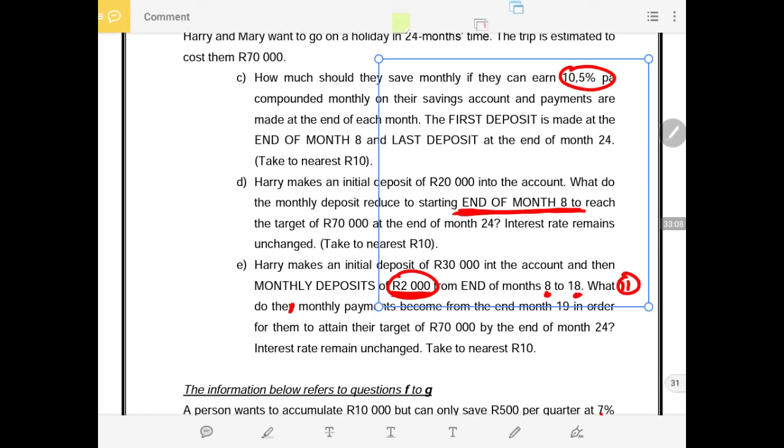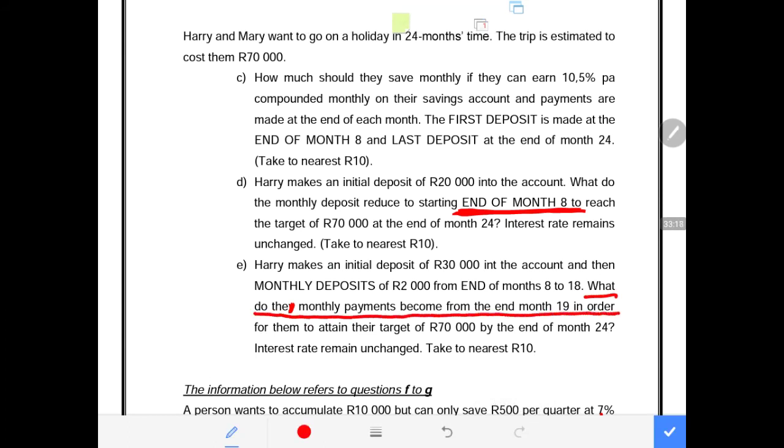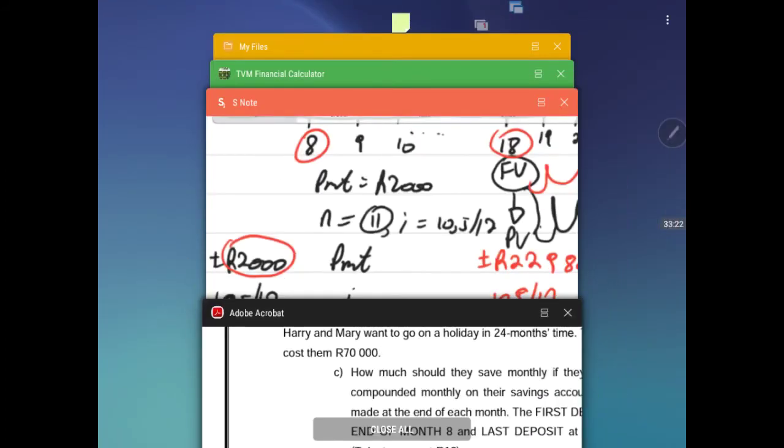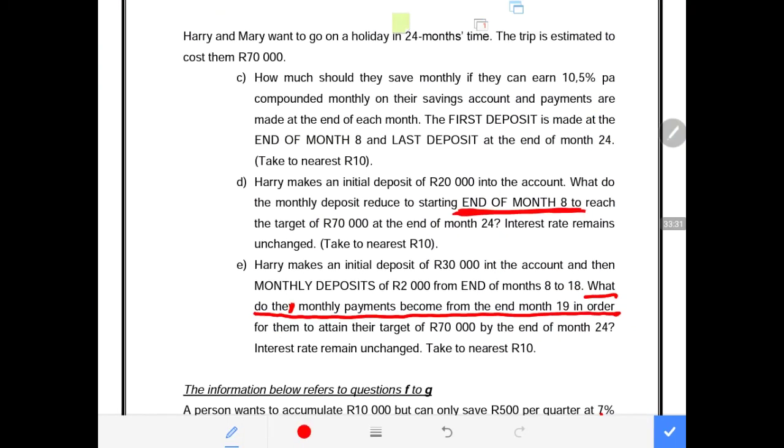Now it says in the last part of the question, what do the monthly payments become from month number 19? That means from month number 19, they want to make monthly payments in order for them to have the 8,000, that is the remaining balance at the end of month 24, which is our focal date.